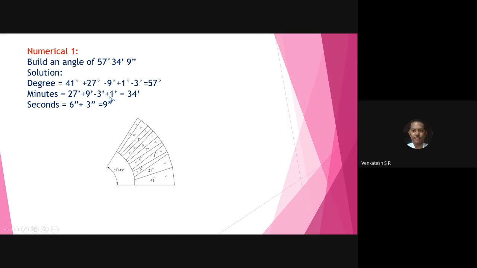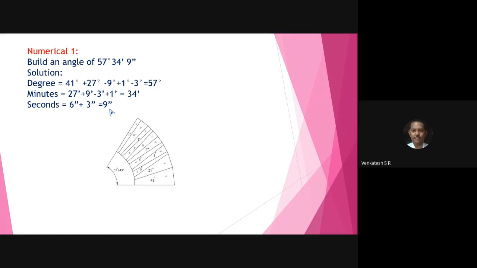Then add 1, then it becomes 34 minutes. Next point is the setting of seconds. First you select the 6 seconds plus 3 seconds, that will give you 9 seconds. Then you have set 57 degrees, 34 minutes and 9 seconds.